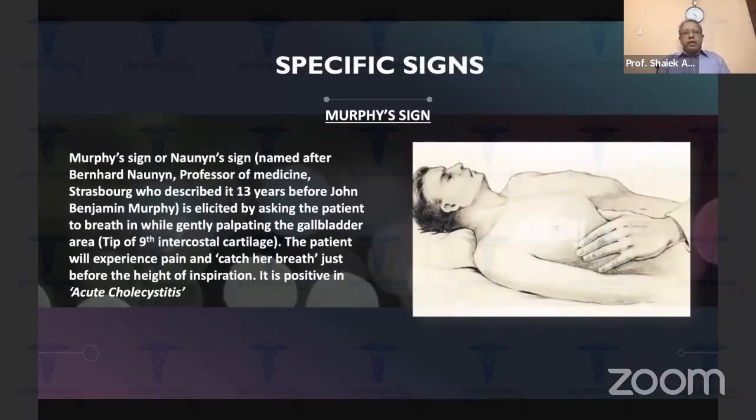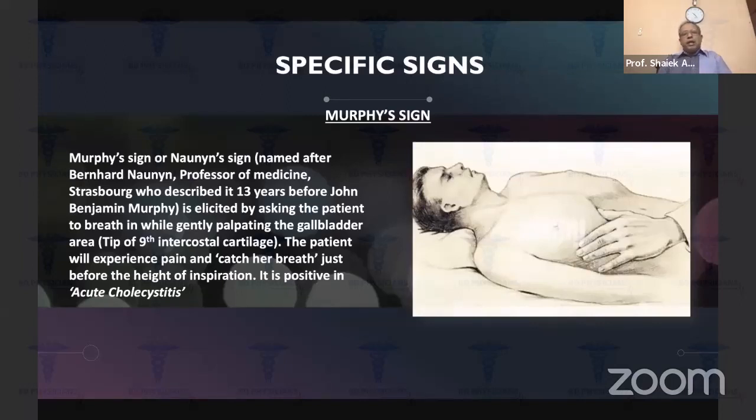Murphy's sign is a very important clinical sign, also known as Neumann's sign, named after Bernhard Naunyn, professor of medicine in Strasbourg, who described it 13 years before John Benjamin Murphy. It is elicited by asking the patient to breathe in while gently palpating the gallbladder area, that is, the tip of the ninth costal cartilage.